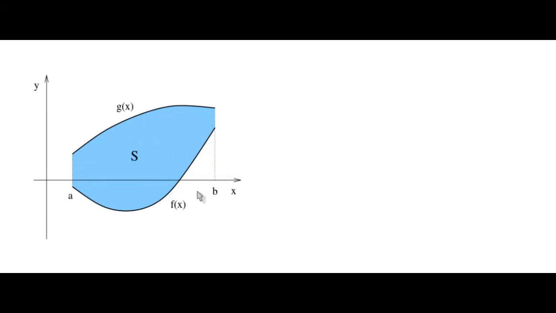It's pretty straightforward to see, if you realize what the integral of g from a to b and the integral of f from a to b are doing, that the area of this form S is just the integral between a and b of g minus f. That's the value of that area, and it's going to give us a positive value.